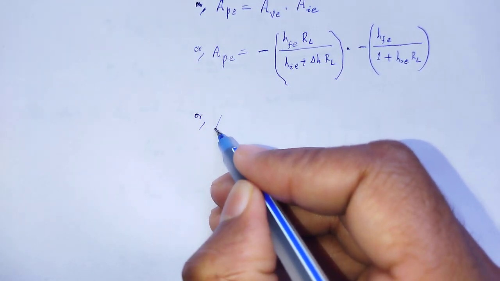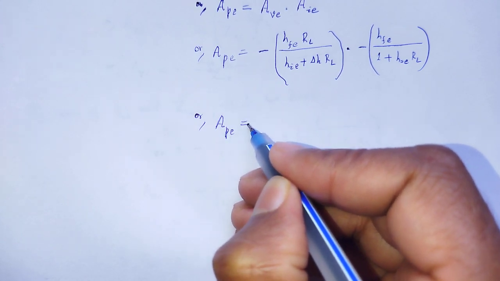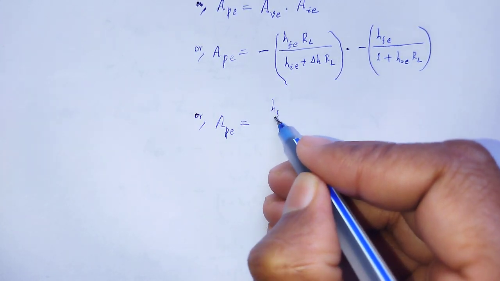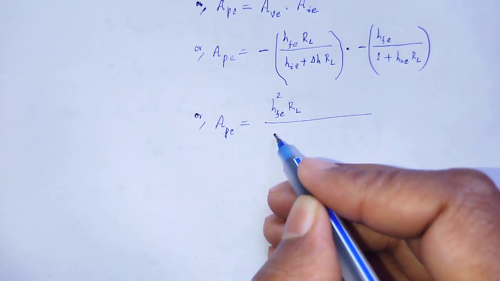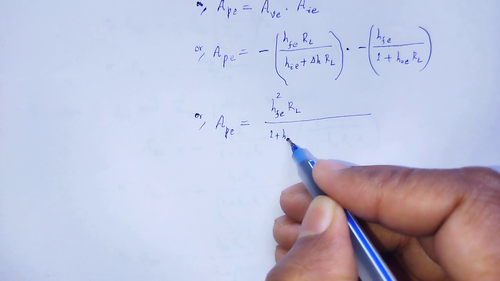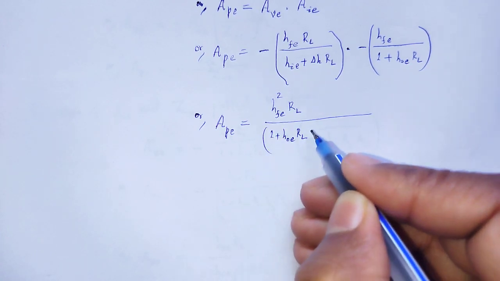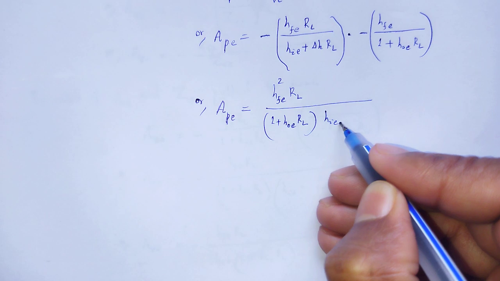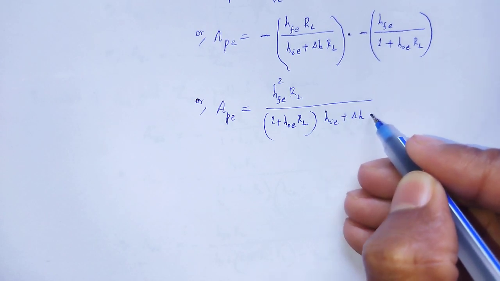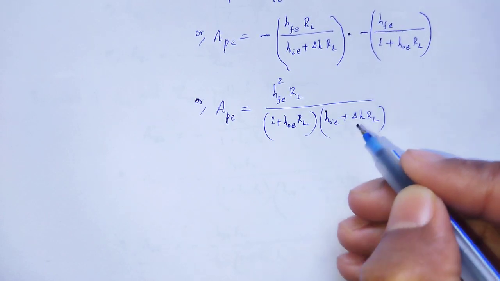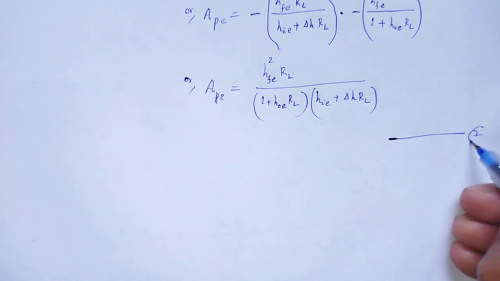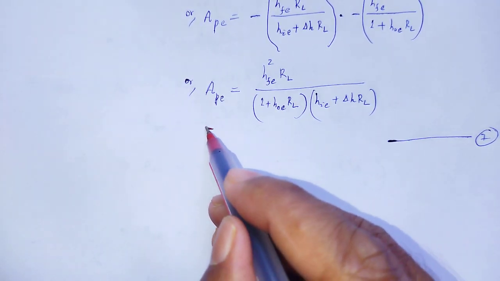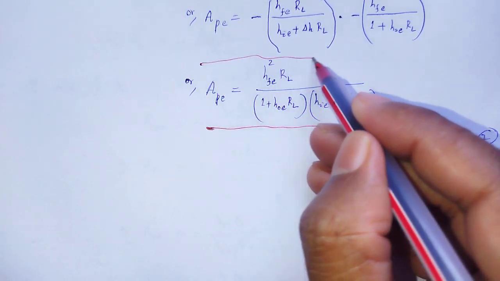Now, solving it, we obtain APE power gain as HFE square RL divided by 1 plus HOE RL whole into HIE plus del H RL. Equation number 7, the expression for power gain.